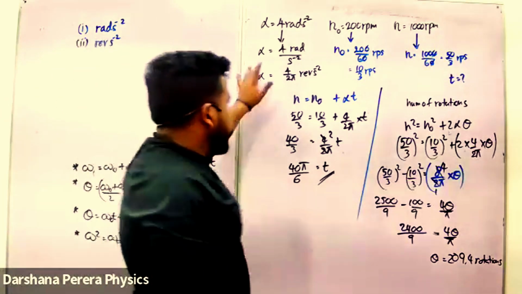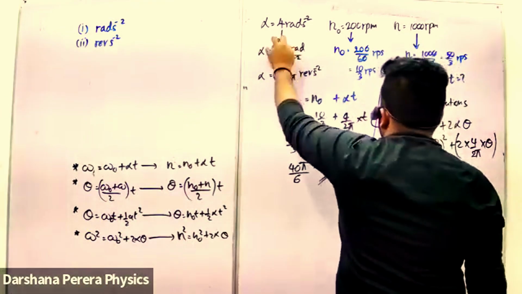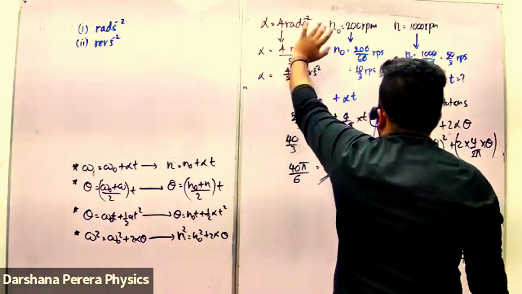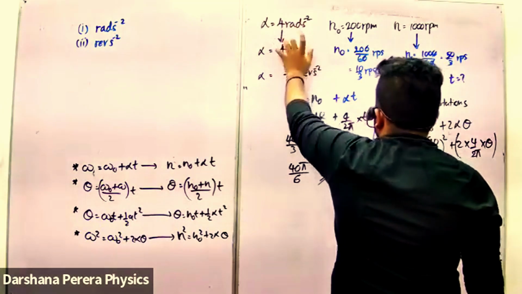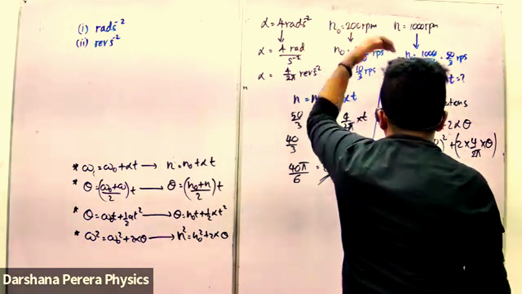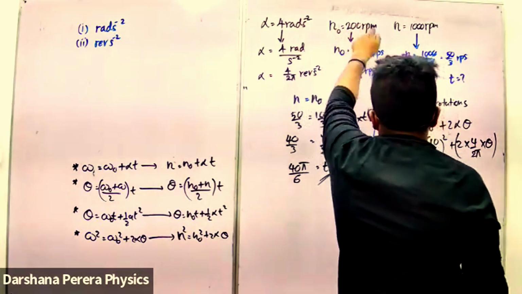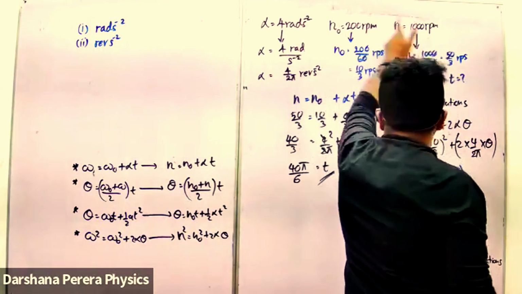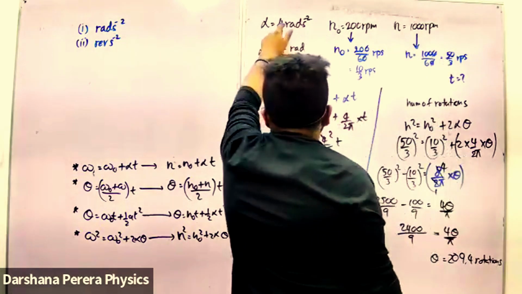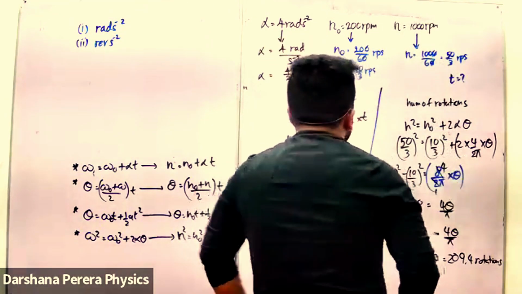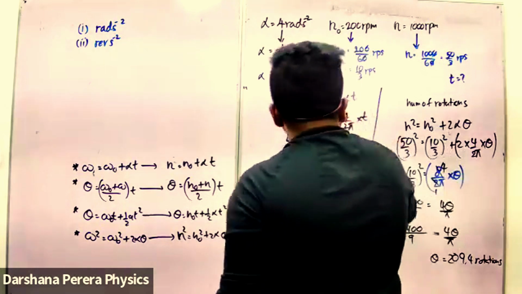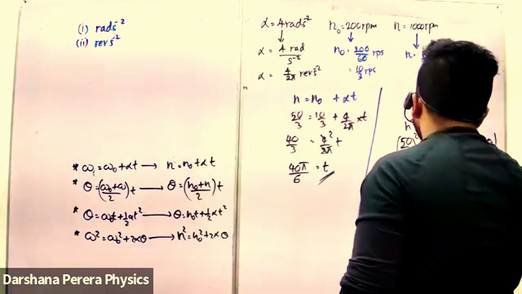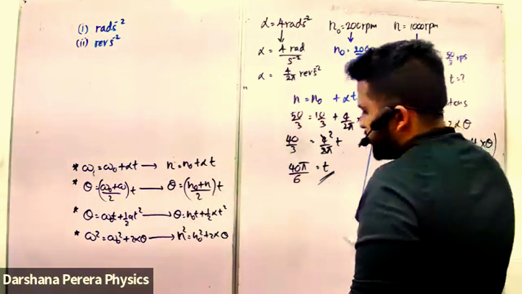In this case, when we use this method, we have to substitute these values. We have to change RPM to RPS, then radians per second squared to revolutions per second squared. After that, we get theta as the number of rotations. Finding t is very easy, right?